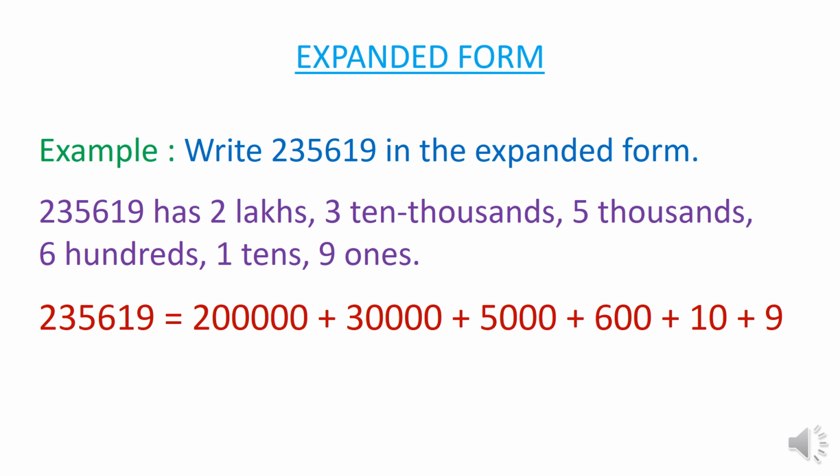So the expanded form of 2,35,619 is 2,35,619 equal to 2 lakh plus 30,000 plus 5,000 plus 600 plus 10 plus 9. This is our expanded form. Do you understand?